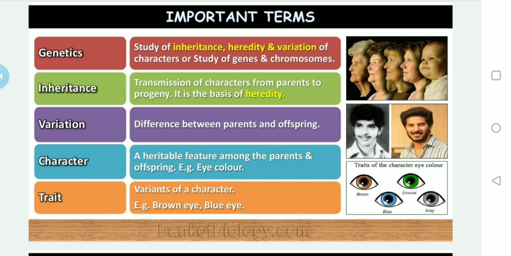The variants of characters are considered traits. For example, brown eye, blue eye. In humans, you must have observed the traits of the different characters of eye color: brown, emerald, blue, gray. So these are all the different types or variants of a character.